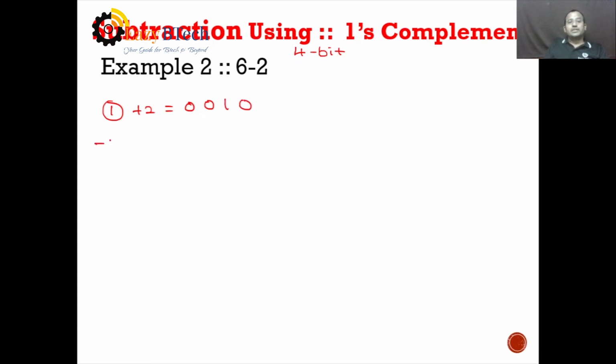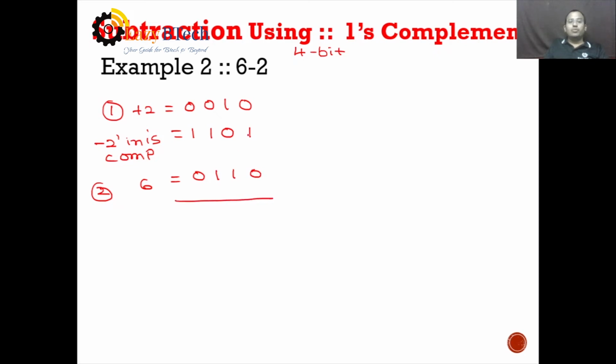Next, represent minus 2 in one's complement form. What is the corresponding result? 0 to 1, 0 to 1, 1 to 0, and 0 to 1. Second step, represent the other number also in 4-bit. So 6 in 4-bit is 0, 1, 1, 0.